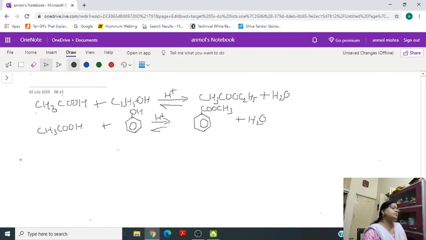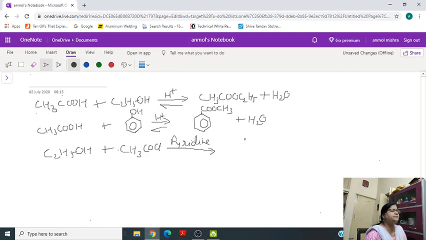Now, in place of acid, we can also take acid chloride. This reaction takes place in the presence of pyridine.